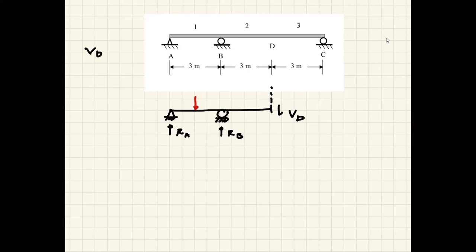And now that we are at VD, let me incorporate MD in there as well, because MD will also show up here. Okay, that's MD. Okay, that's the first free body diagram.